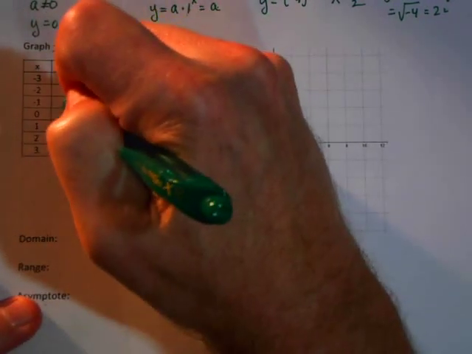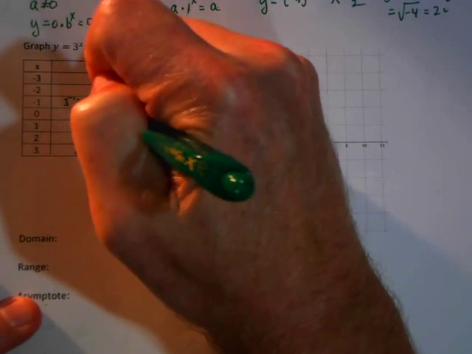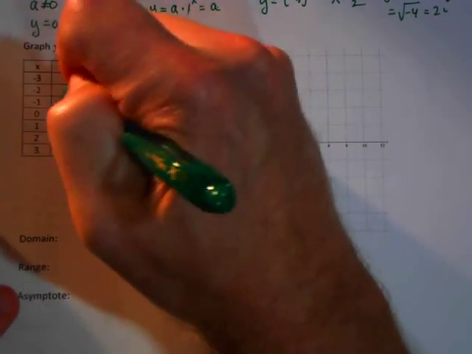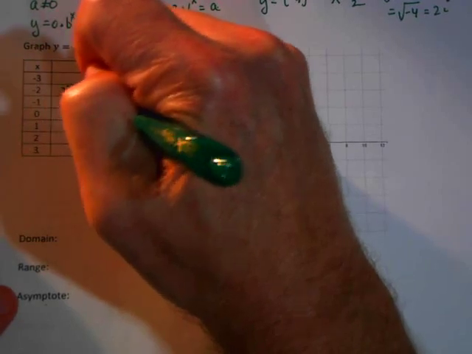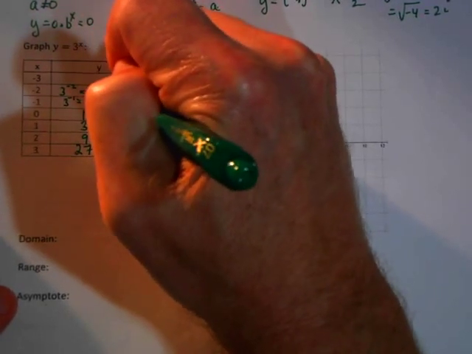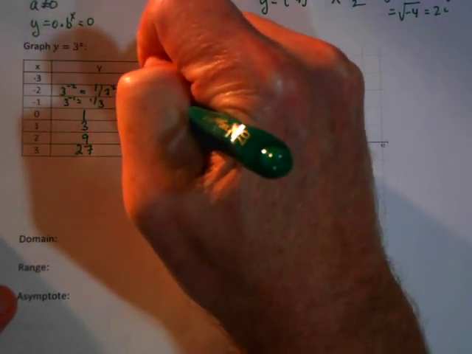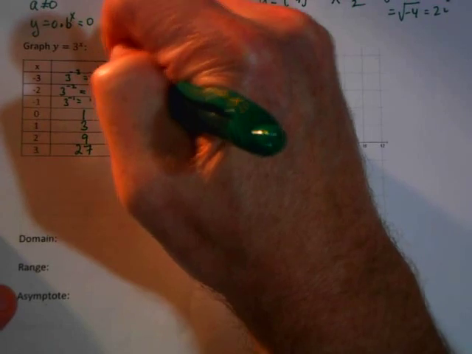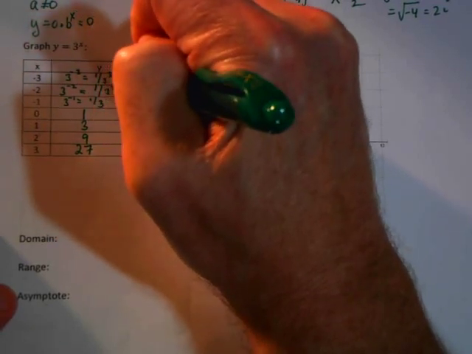And then we have 3 to the negative 1, and again, remember your properties of exponents, we showed that that turns into a fraction. A negative exponent drops things down to the bottom. So 3 to the negative 2 is going to do the same thing. That's going to be 1 over 3 squared, which is 1/9. And then 3 to the negative 3, that's 1 over 3 cubed, which is 1 over 27.